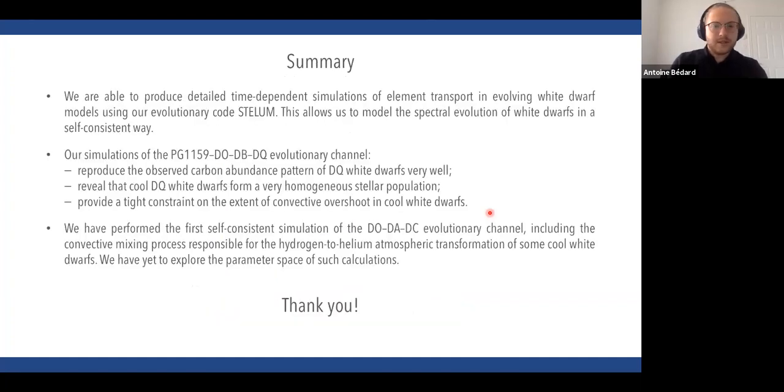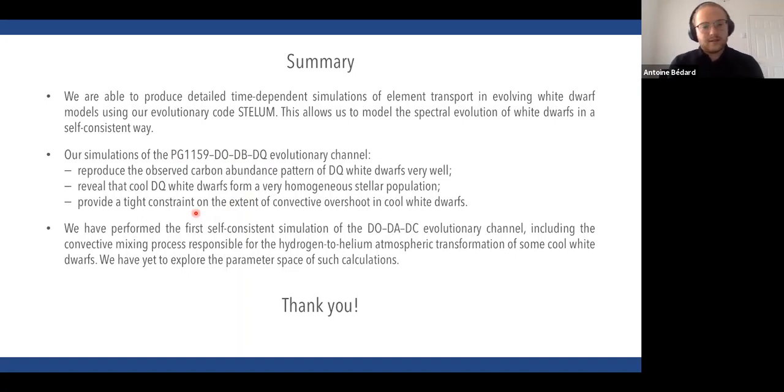Now a short summary. We are able to produce detailed simulations of element transport in white dwarfs, which allows us to model their spectral evolution. Applying these simulations to the PG 1159 DO-DB-DQ evolutionary channel, we obtain a few interesting results. The most important ones, in my opinion, being that we can provide a tight constraint on the extent of overshoot in cool white dwarfs.